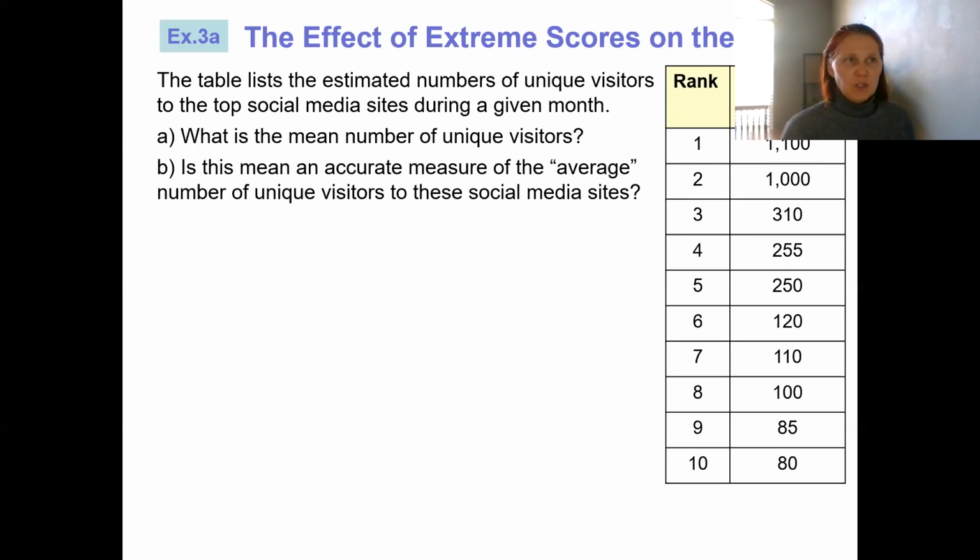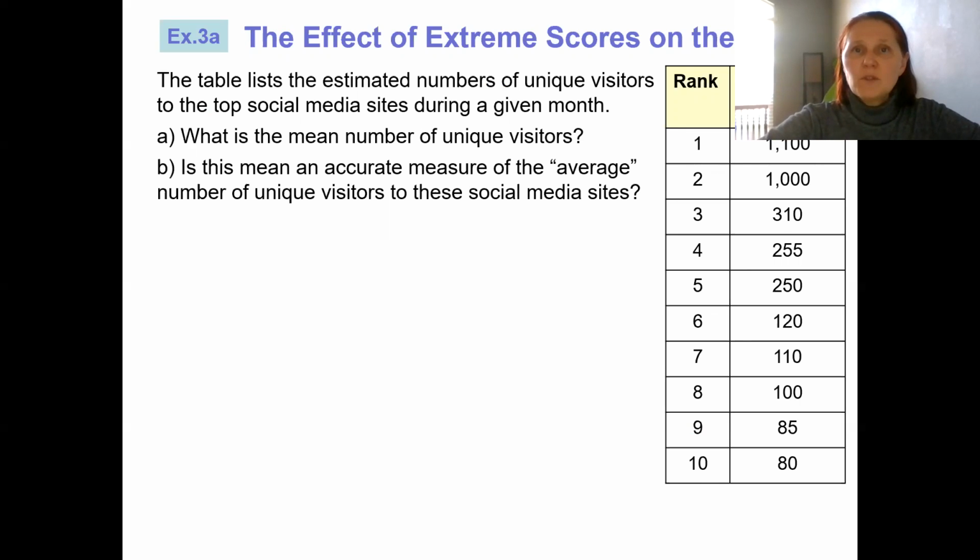Mean is very convenient, but it has some problems. If the set has extreme scores, extreme values, they can influence the mean. If we count these extreme values, they will determine the mean more than other values.